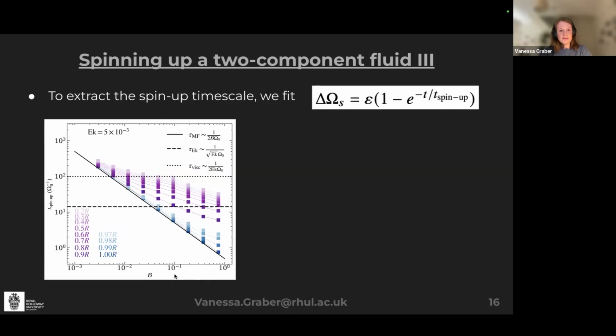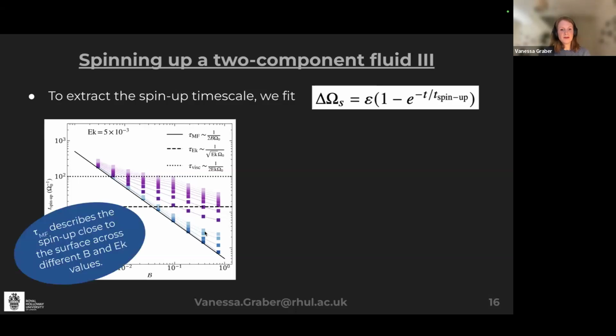And what we see here is essentially how this divergence from the mutual friction time is progressing as we move from the outer area, so from close to the surface of the sphere, in towards the origin. The diagonal line here, the solid line, is the actual mutual friction timescale. It fits the blue dots relatively well, and that is the case for both of the Ekman numbers that we looked at.